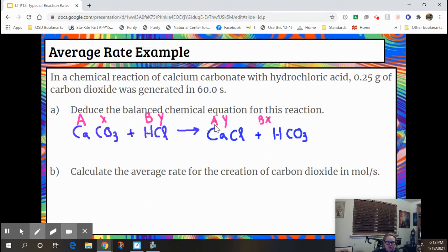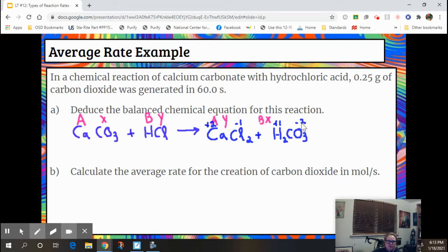And then I'm going to check my charges. I look at my periodic table, realize calcium's a +2, chlorine's a -1, hydrogen is a +1, carbonate is a -2. Therefore, I need 2 chlorines to match with every 1 calcium, and I need 2 hydrogens to match with every 1 carbonate. And by the way, I get that charge for that carbonate off a polyatomic table.